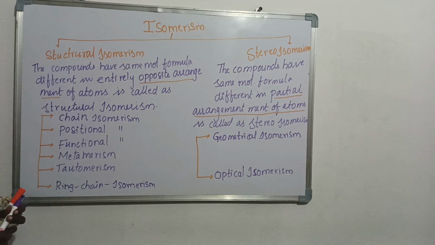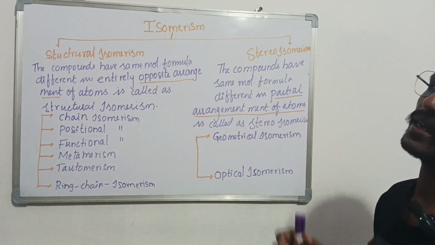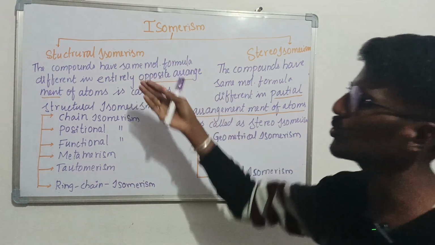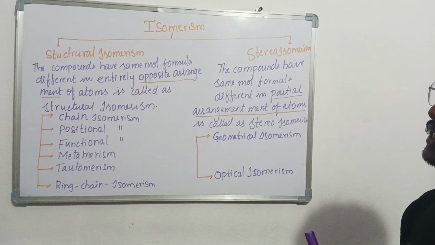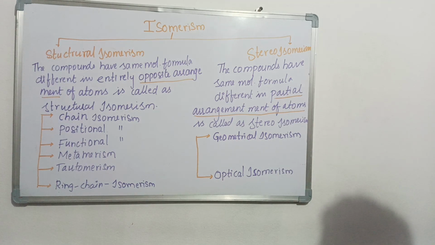Structural isomerism means the compounds having the same molecular formula, different in entirely opposite arrangement of the atoms, are called structural isomers of each other, and the phenomenon is called structural isomerism. In stereoisomerism, the compounds having the same molecular formula, different in partial arrangement of the atoms, are called stereoisomers, and the phenomenon is called stereoisomerism.